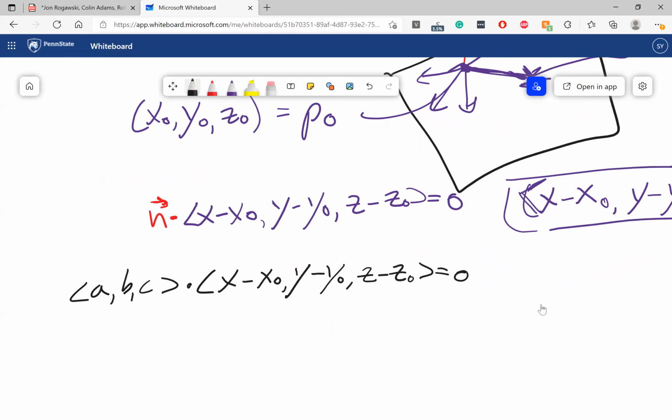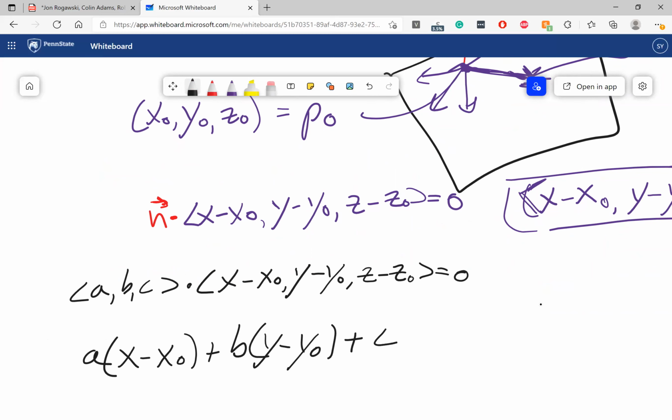Okay, so let's write this out. This tells me a times (x minus x0) plus b times (y minus y0) plus c times (z minus z0) is equal to 0.